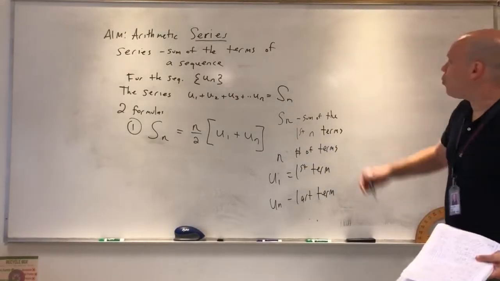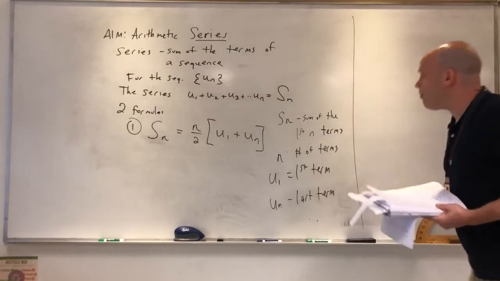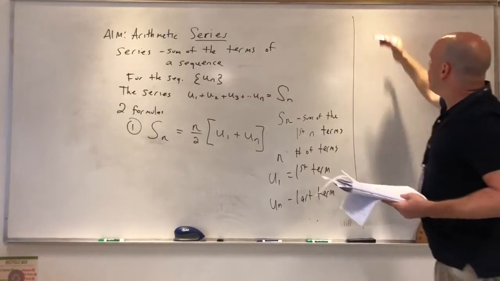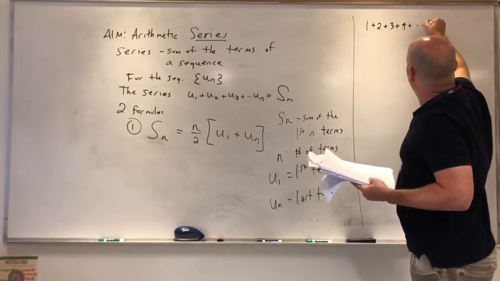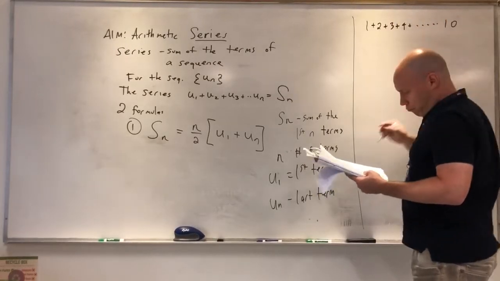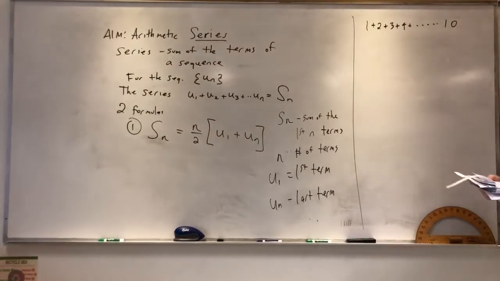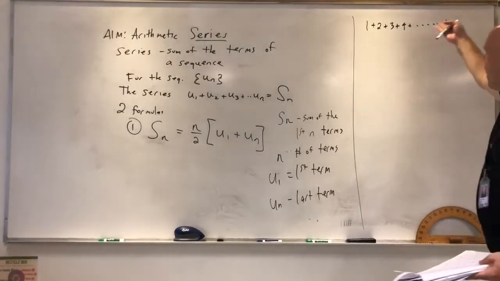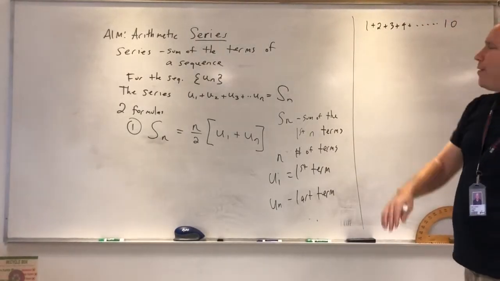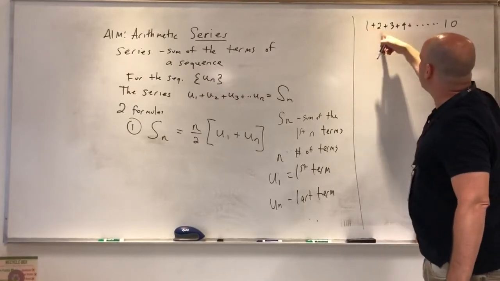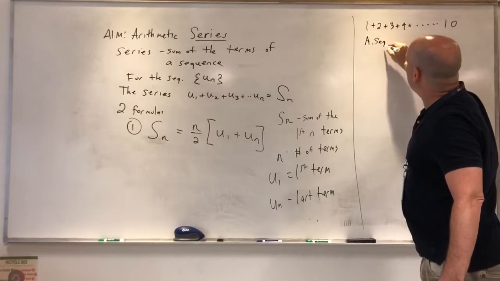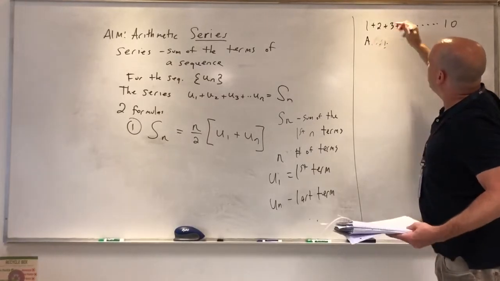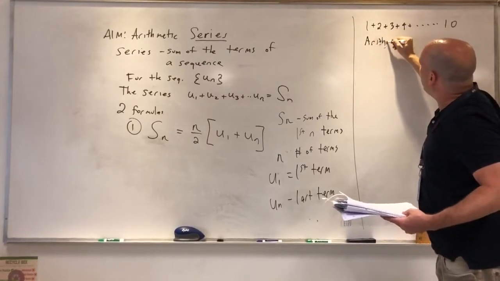So this is kind of cool. You might get a question asking you 1 plus 2 plus 3 plus 4 up to 10. Now we can add these up. First of all, it's an arithmetic sequence.